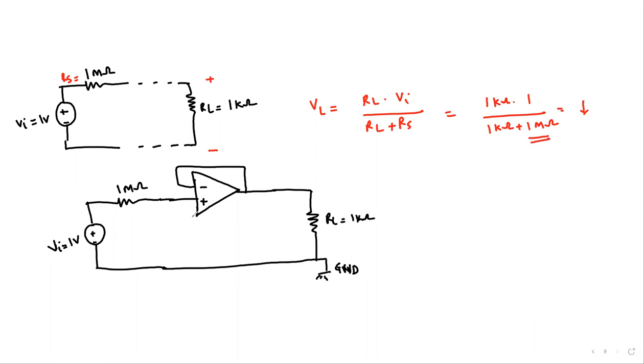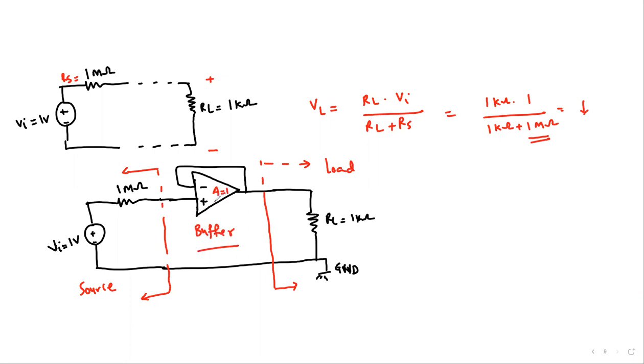So what are the properties of this circuit right over here? You see here, this is the source and this is the load side. And this is the buffer amplifier, which has a gain of, let's say, 1.